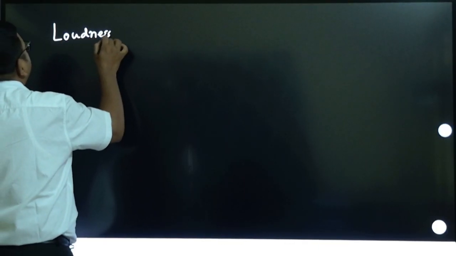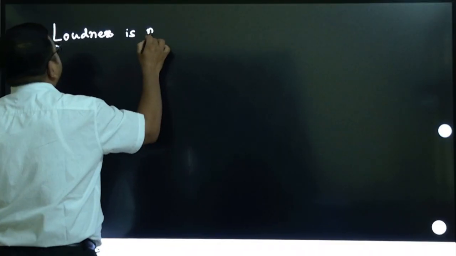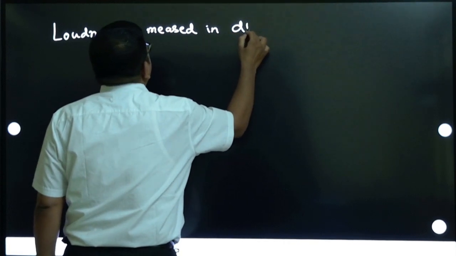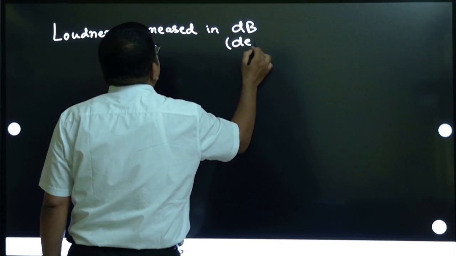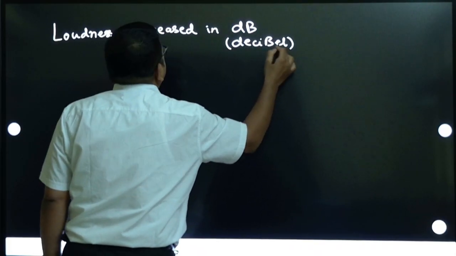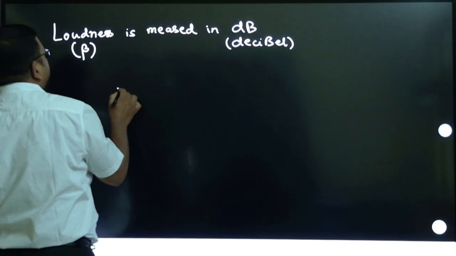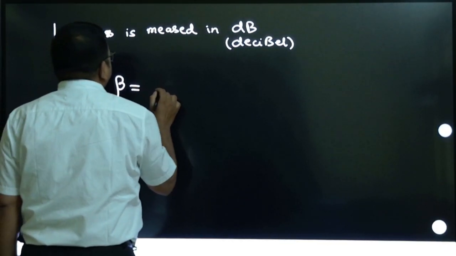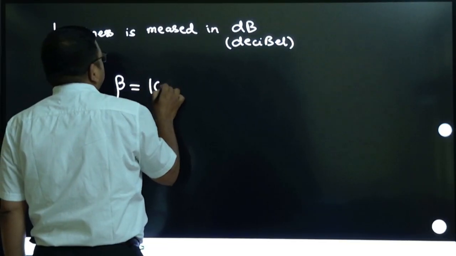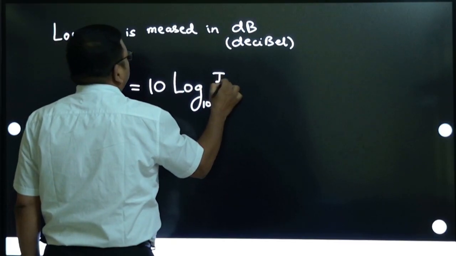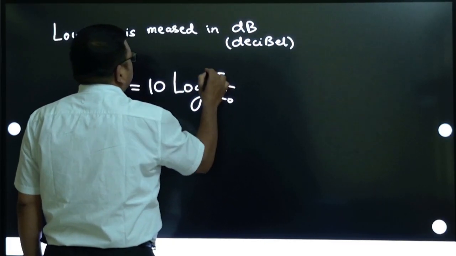So loudness is measured in decibel. This is called decibel. Let us represent loudness as beta. So beta is related as 10 log base 10 of I by I naught.